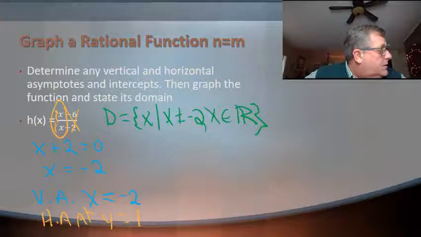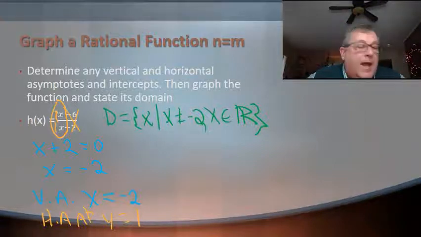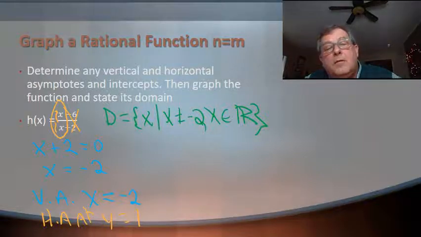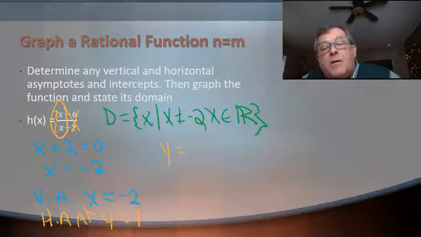Okay, we're looking pretty good so far. Now, how about x and y intercepts? Well, if I'm going to find the x intercept, I'm going to set y equal to 0. I've got 0 equals x minus 6 over x plus 2.